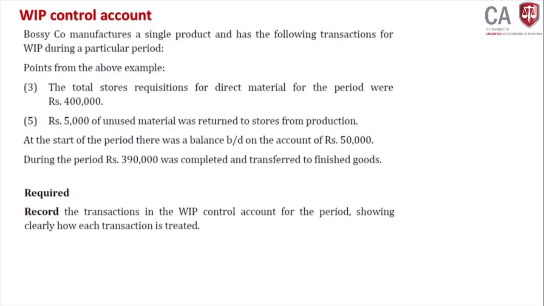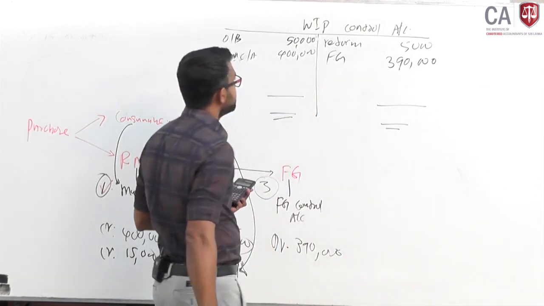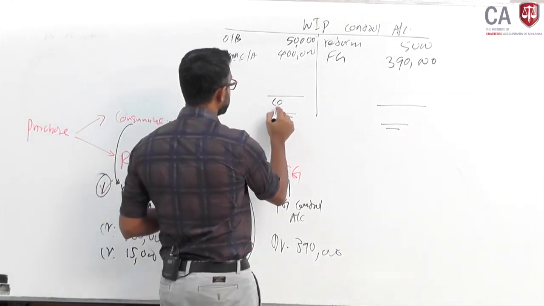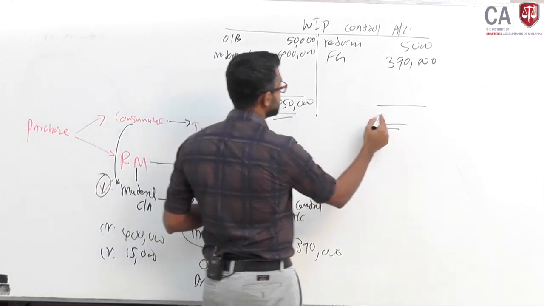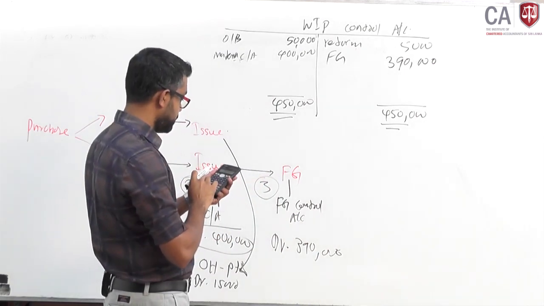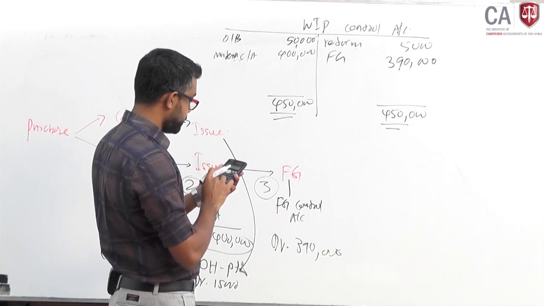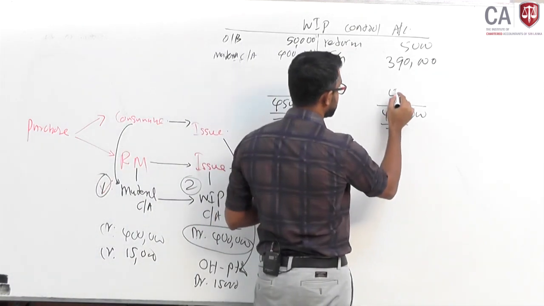Record the transaction in WIP control account for the period showing clearly how transaction should be treated. Done. ඒක අපි දැම්මා. දැන් ගන්න balance එක, right? 450,000, 390,000 minus 5,000, 55,000.